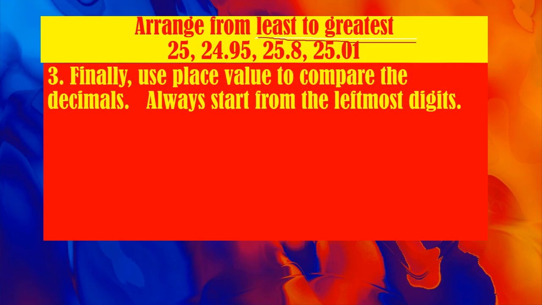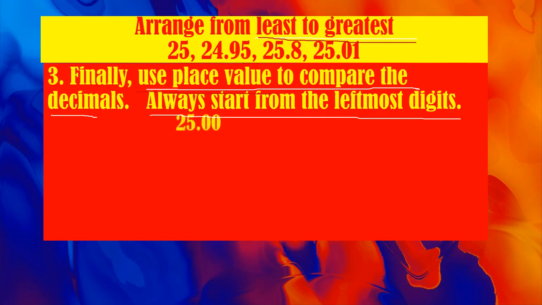And finally, we place the value to compare the decimals. Always start with the leftmost digit. Let us see. So we have 25. So we add 0. Then we have 24.95. Okay, correct. And then 25.80.